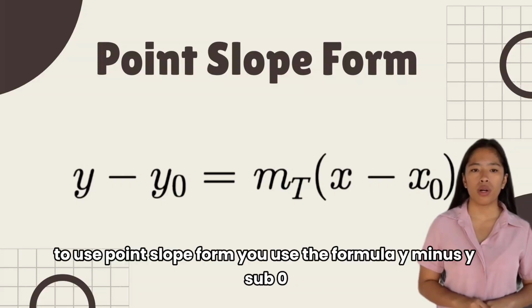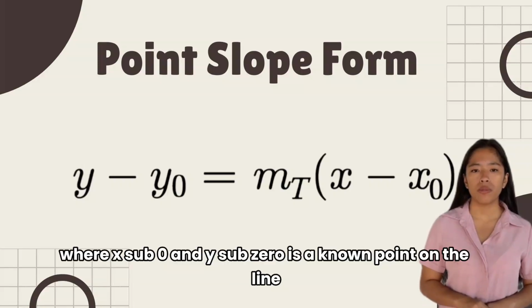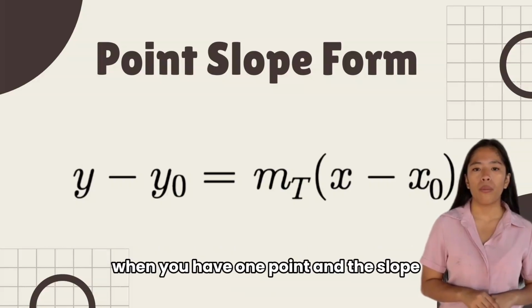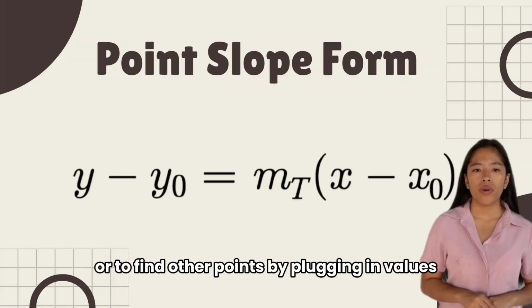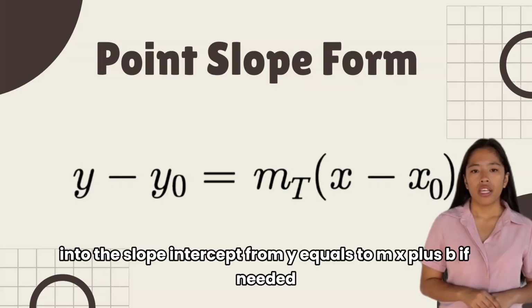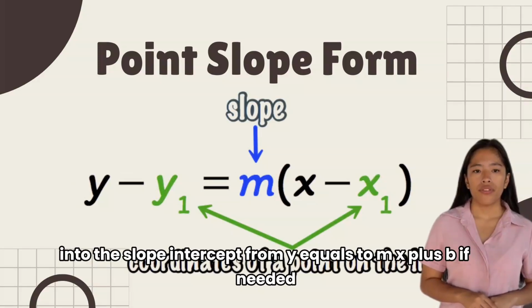To use point-slope form, you use the formula y minus y sub 0 is equal to m times the quantity of x minus x sub 0, where (x sub 0, y sub 0) is a known point on the line, and m is the slope, allowing you to write the equation of the line when you have one point and the slope, or to find other points by plugging in values. You substitute your known slope and the coordinates of the point into the formula, and can then simplify it to the slope-intercept form y is equal to mx plus b if needed.